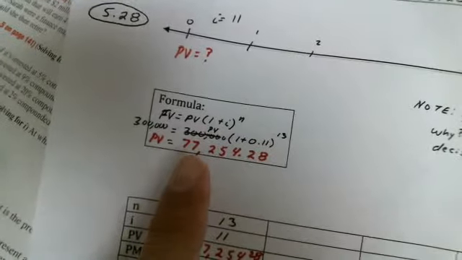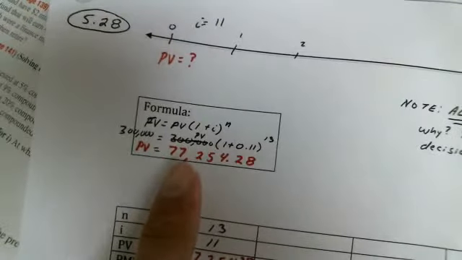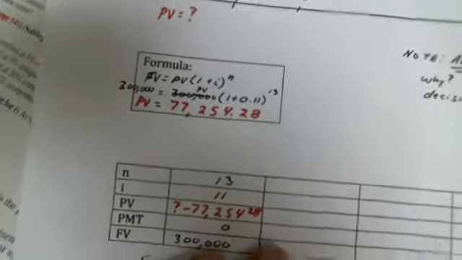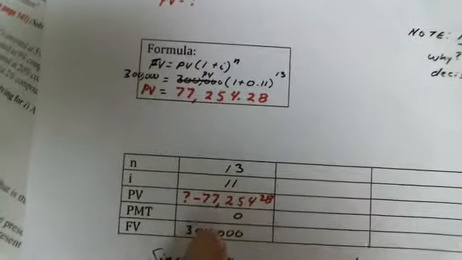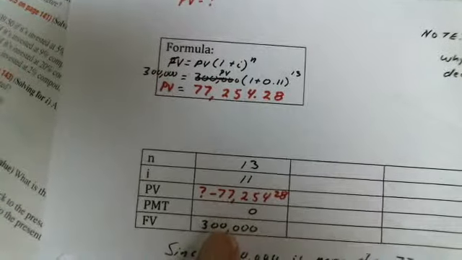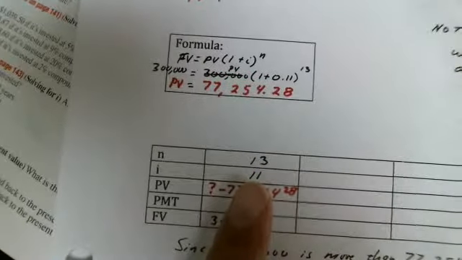Bear with me. And I get this present value. So this number in red, this present value, and down here I'm showing the work I would have done with the calculator, has absolutely nothing to do with the $100,000. It is only the $300,000 discounted back 13 years at 11%.